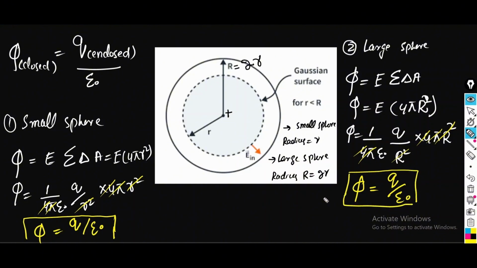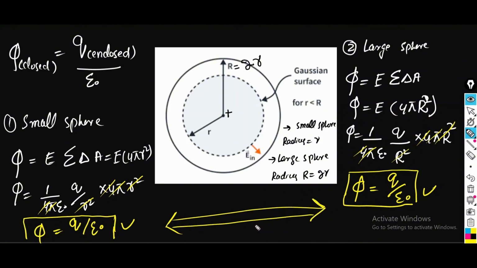So here we conclude that the result from the first case for the small sphere is equal to the result for the large sphere. These two expressions are equal.